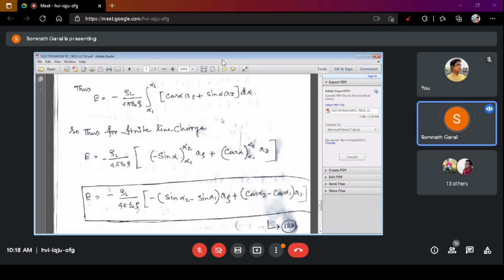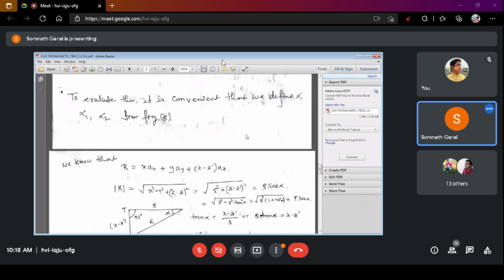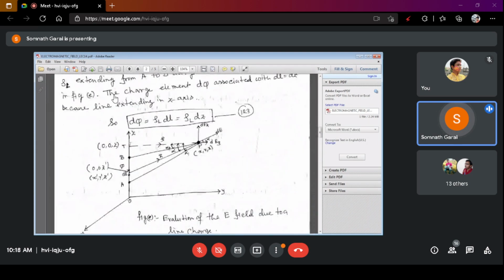That means if we know the values of angle alpha 1 and alpha 2, where A is the point situated at alpha 1 angle from the y direction parallel, and B is the point situated at alpha 2 angle with the y direction parallel. So if we know the angle values of alpha 1 and alpha 2, then it will be a finite length.